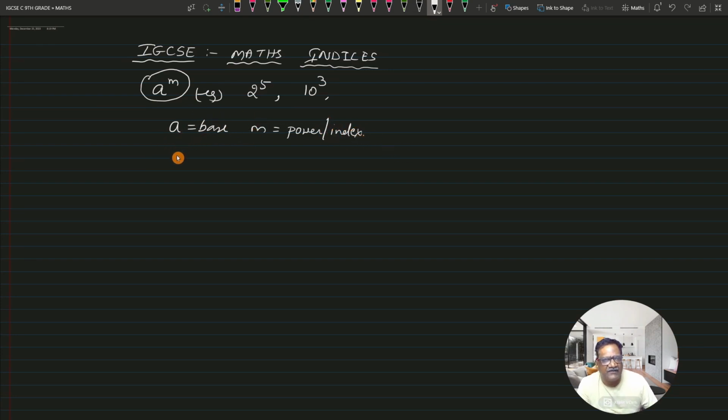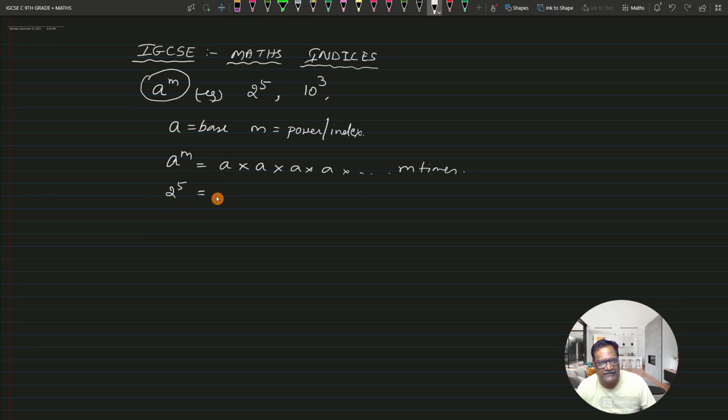Now the meaning of a raised to m is, you have to take the base a and multiply it how many times? m times. So a into a into a, dot dot dot, m times. For example, 2 raised to 5 is in the indices form.